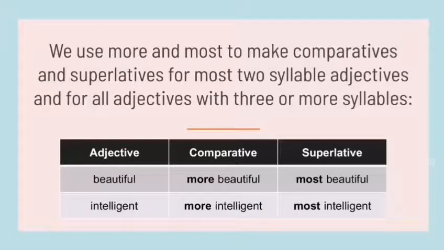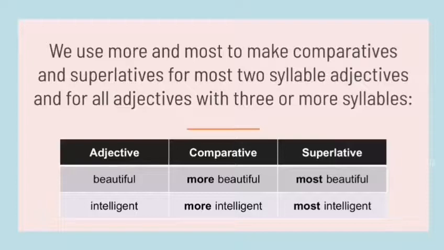Now, the other rule says we use more and most to make comparatives and superlatives for most two-syllable adjectives and for all adjectives with three or more syllables. Here we have adjectives that are very long, and they have two, three, or more syllables, right? For example, beautiful.